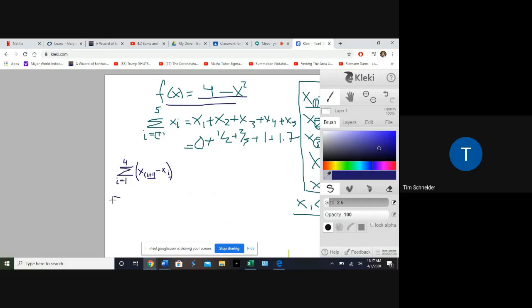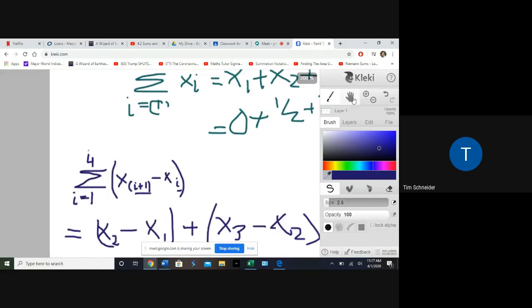Let's actually write this out now. So when i is 1, we have x sub 1 plus 1, which is 2, minus x sub 1. This is for i equals 1. When i equals 2, we have x sub 3 minus x sub 2.